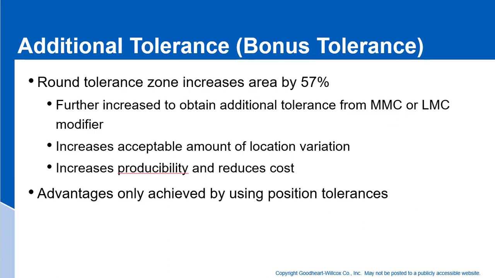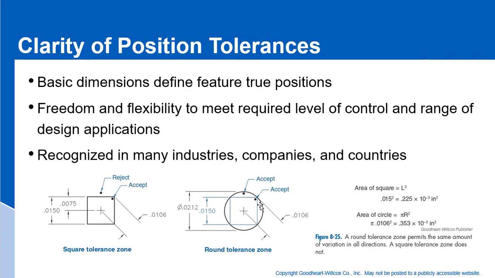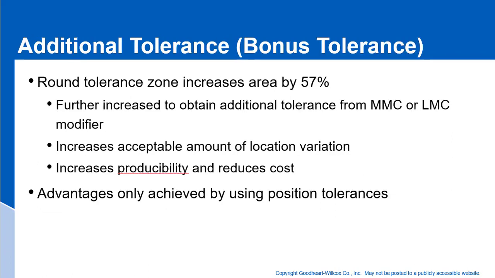Okay, additional tolerances. Let's talk a little about bonus tolerances. This one goes back to the calculations we had before. When you compare the round tolerance zone to the square tolerance zone, the actual tolerance zone increased by 57% once you pick up all of those corners. And what I'm talking about there is these corners right here. So I'm picking up 57% more tolerance zone.